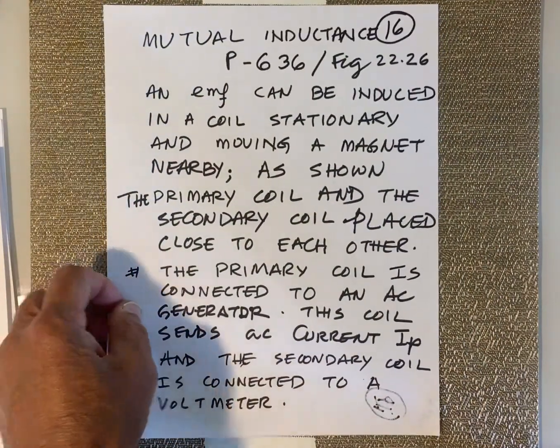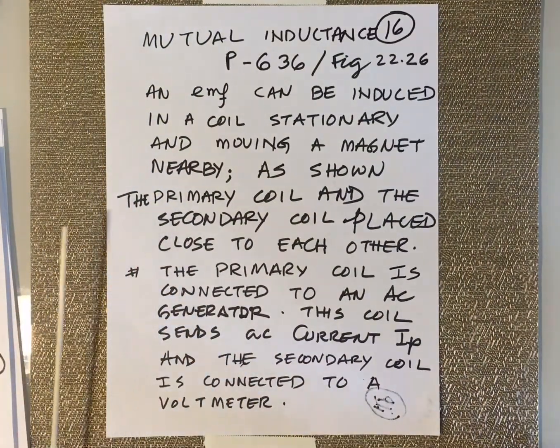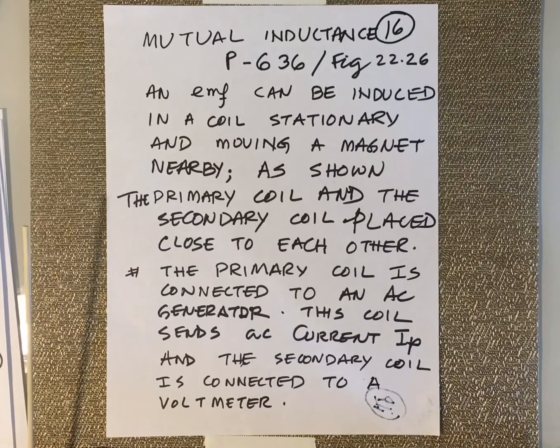The next topic we have is mutual induction. Refer to the figure 22.26. There you have a primary and a secondary coil. The primary coil is connected to an AC generator, where we designate the current passing through the generator as IP.